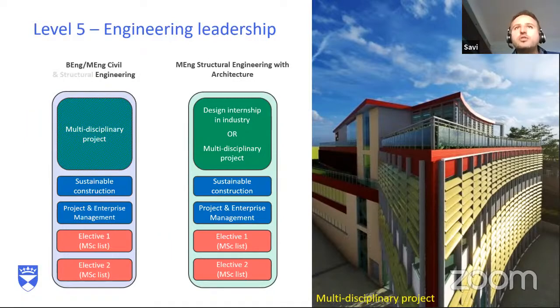The option for those deciding to study in the structural engineering with architecture program is also to go into a design internship in industry, which is a good opportunity to basically work in a real environment. So in this case, the 40 credits of the multidisciplinary project, instead of being taken in class, are basically taken in a work environment.